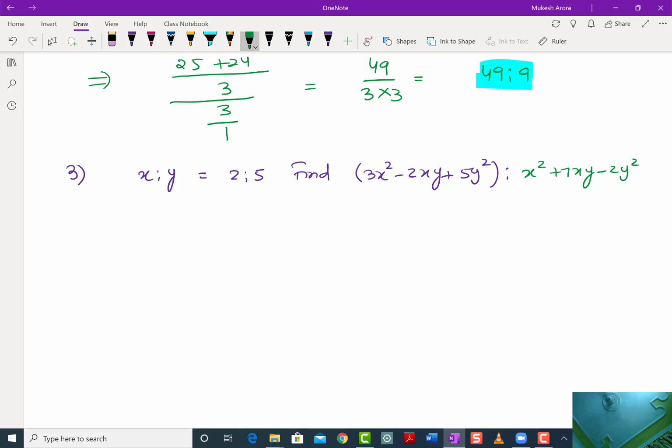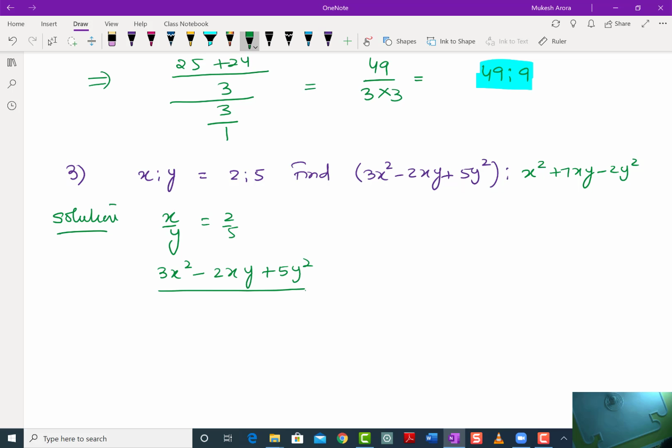So this is somehow related with the same sum, as we can write x by y is equal to 2 by 5. What we have to find is the value of 3x square minus 2xy plus 5y square upon x square minus 7xy minus 2y square.